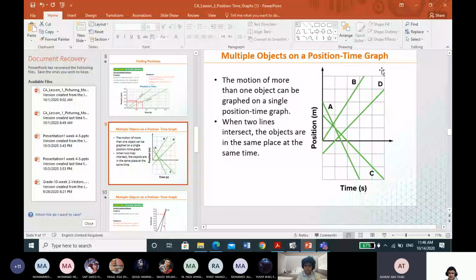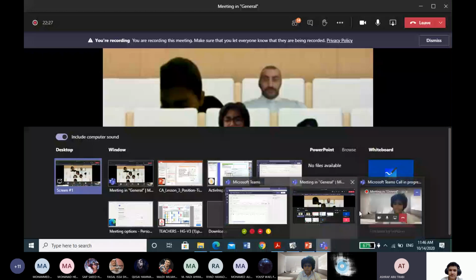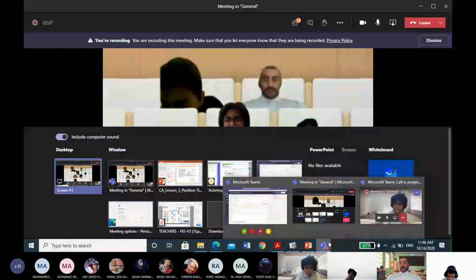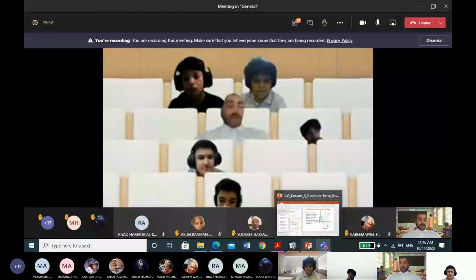So if you see here, guys, the motion of more than one object can be graphed on a single position time graph. Using a single position time graph, I can draw the positions as a function of time of many objects.